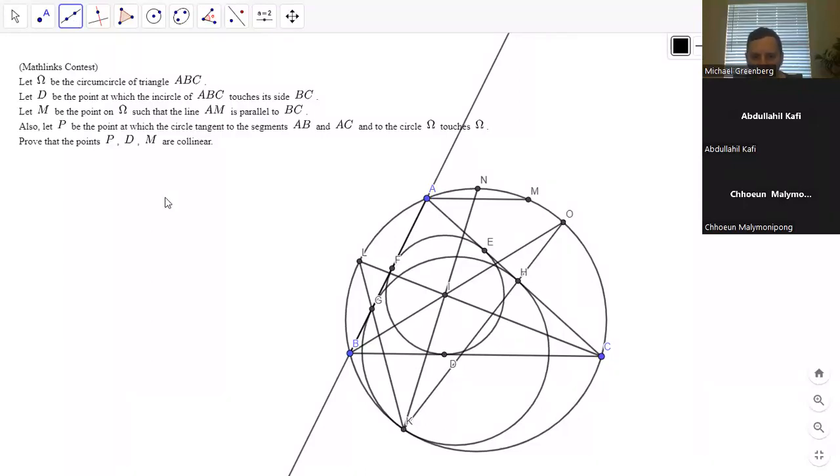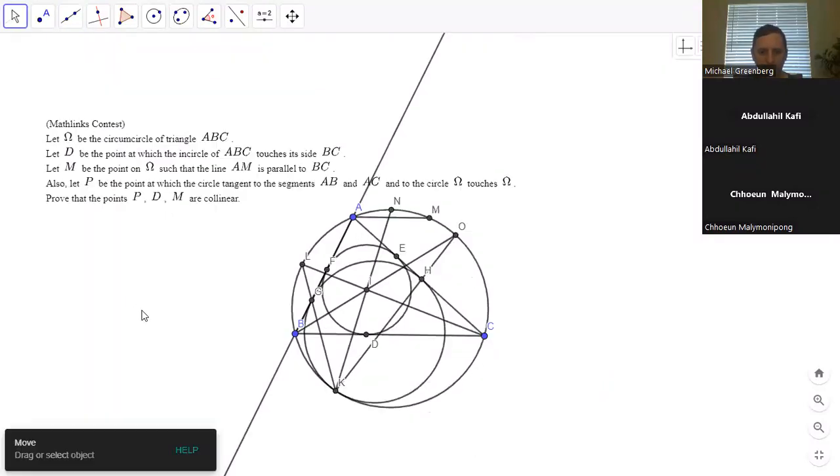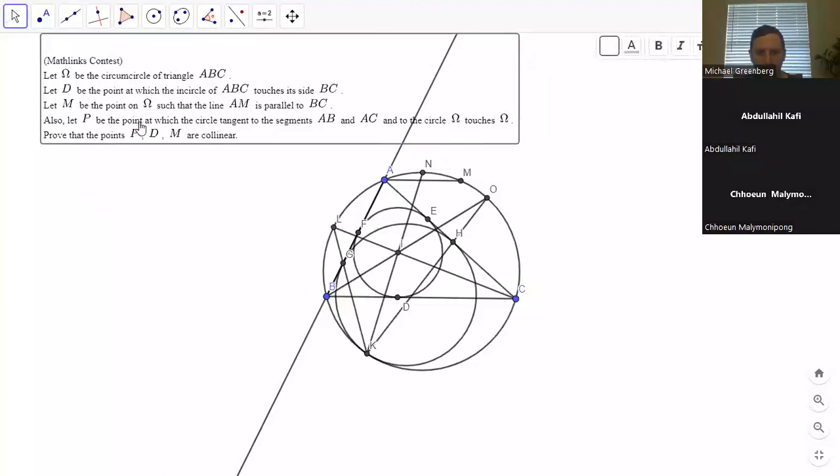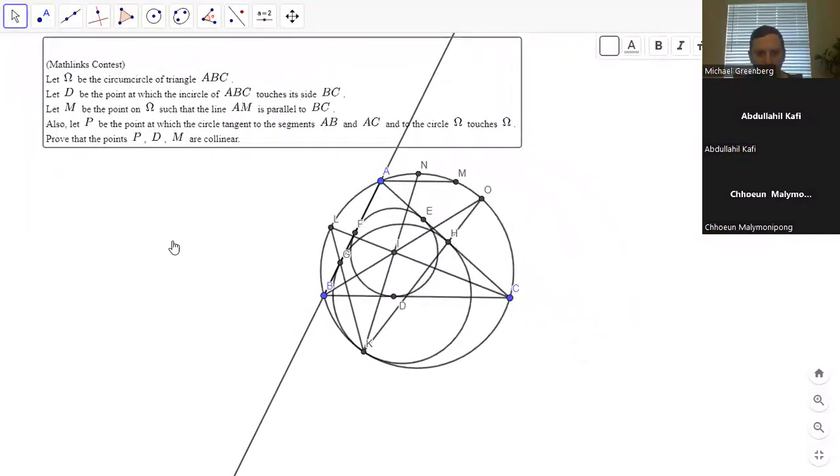Okay, draw the touch point of the AX circle. Maybe. There has to be some other similar triangles that I'm missing.